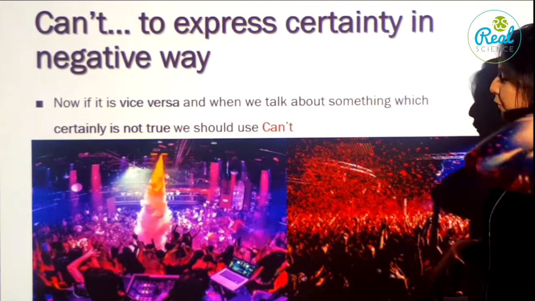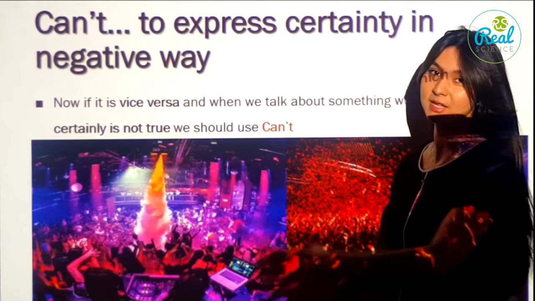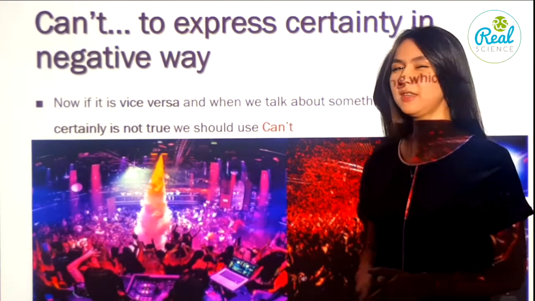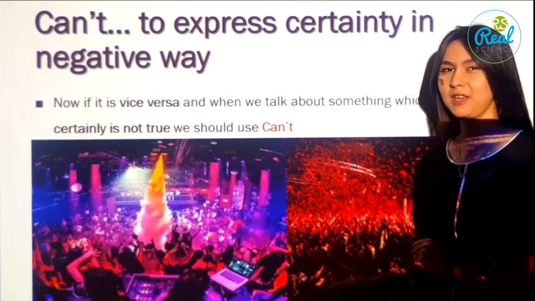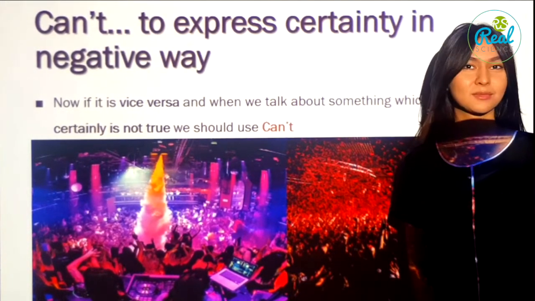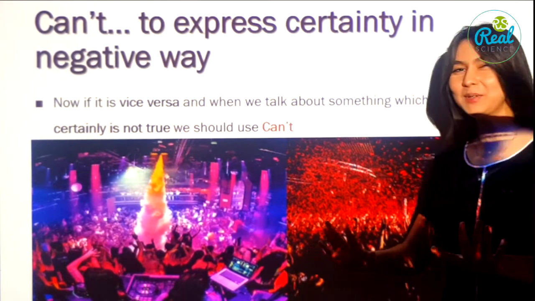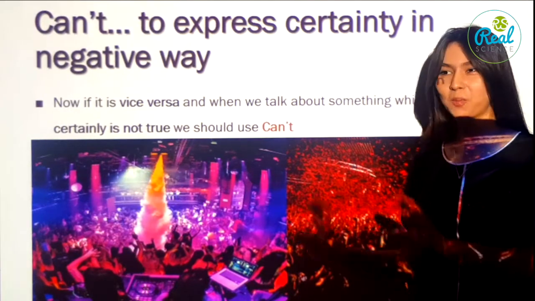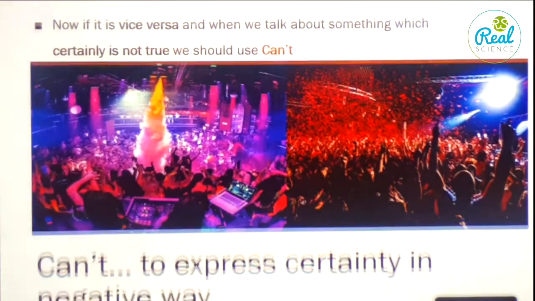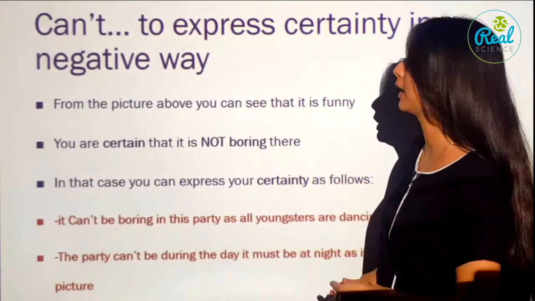So guys, from the picture again, you can see that all, let's say youngsters are dancing, they are having fun. And you are 100% sure that it is not boring here, yes? Or is it boring here? No, they must be having fun. No, it's not boring. So you are 100% sure that it is not boring, yes? So you are expressing here your certainty in negative way because here we have not boring.